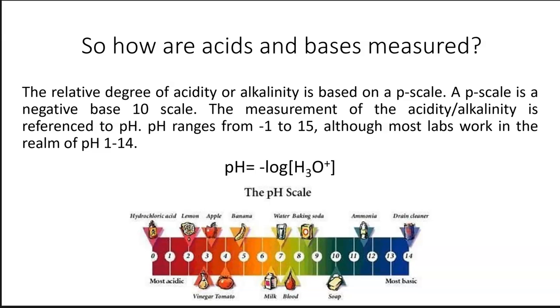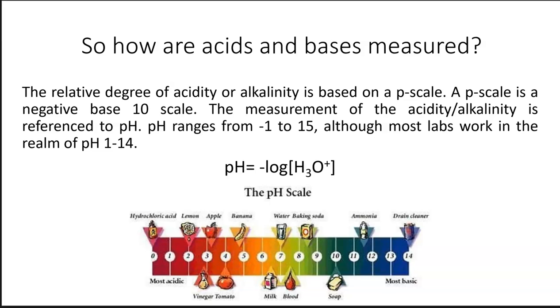Things that are incredibly acidic, like hydrochloric acid or lemon juice, which has a pH of 2, fall more on the acidic side of the pH scale. However, Windex or ammonia, drain cleaner, those fall on the basic side or the alkaline side of the pH scale.